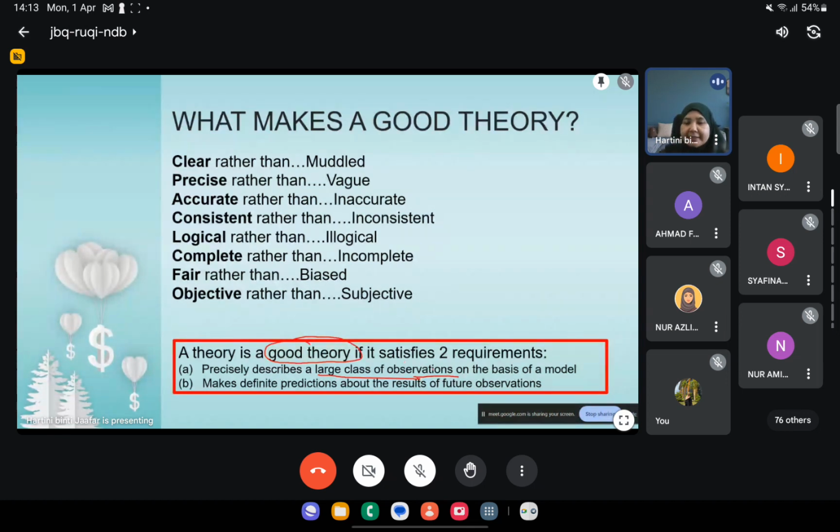So the second characteristic is that it makes definite predictions about the result of future observation. So again, if we apply the theory to different situations, and the result that we get is consistent from, let's say, setting A to setting B to setting C, then we can say that this is a good theory.